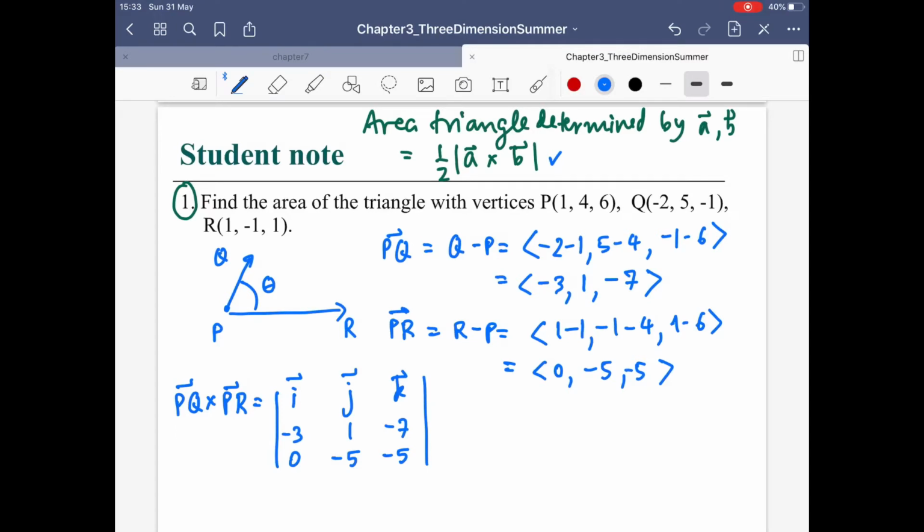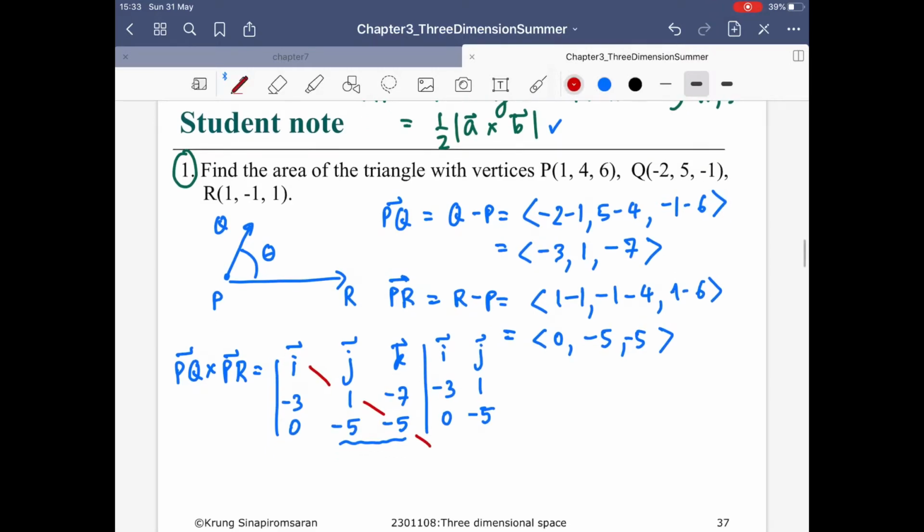The quick way is that you can see this -5 and pull it out, and all that kind of thing. But let us just do it the slow way, just like this. So you multiply here for the first diagonal. So you have -5i.